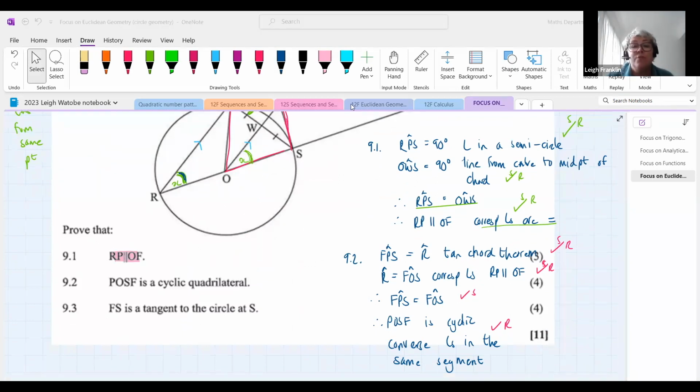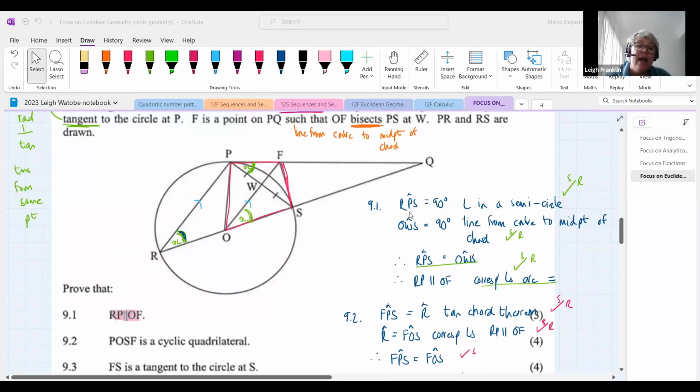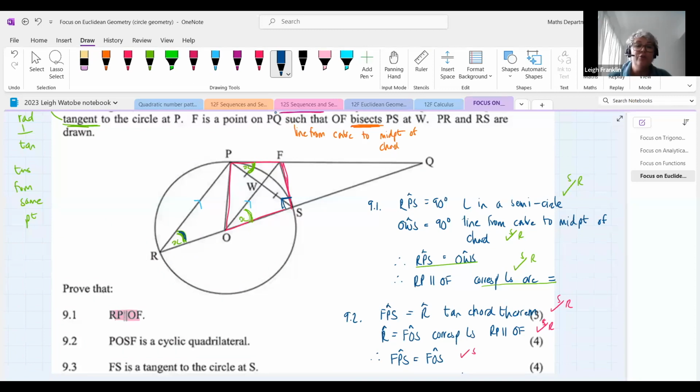Absolutely, Cassandra. So that would be one way of doing it. If there was a 90-degree corner here, absolutely, because O is a line that comes from the center. Quite right. So if we could show that this was a 90-degree corner, we could use the converse: radius or diameter perpendicular to tangent. Lovely. Well done. You guys do know this. Or, absolutely, Teddy, but it's the converse of that.